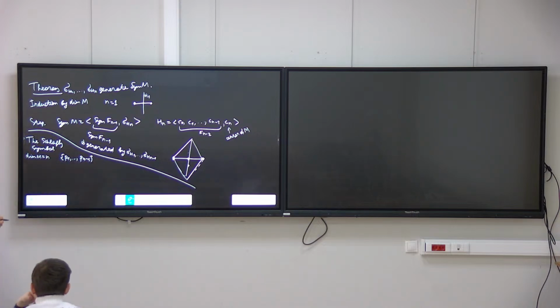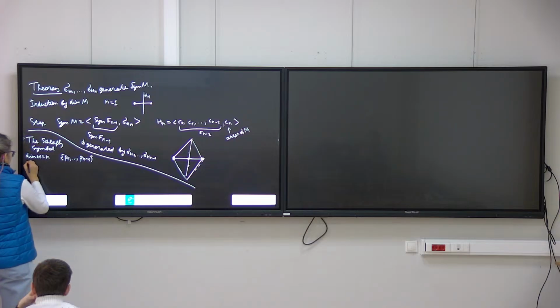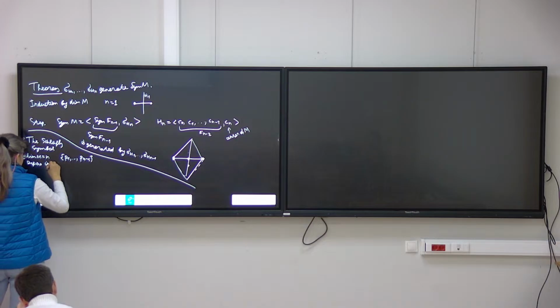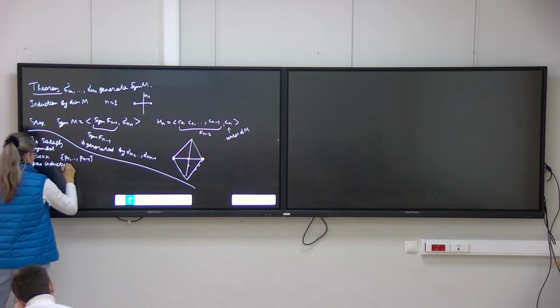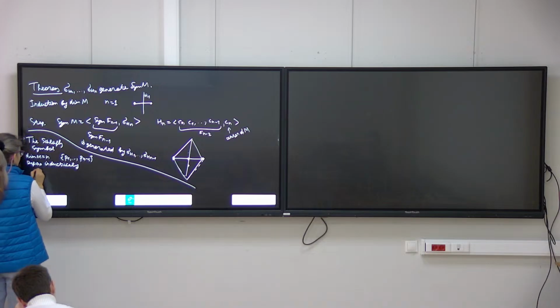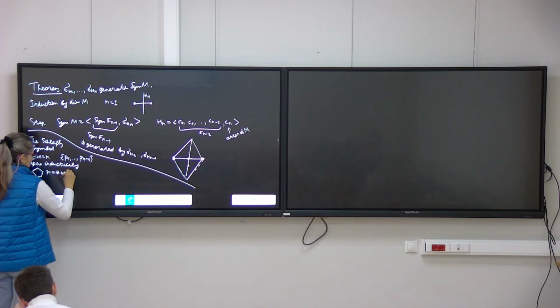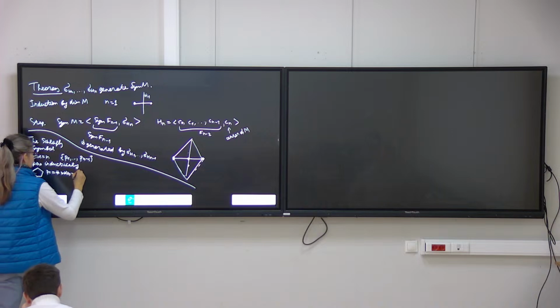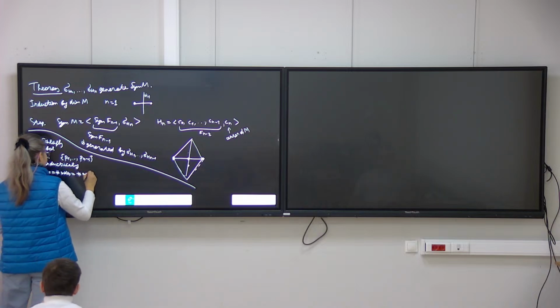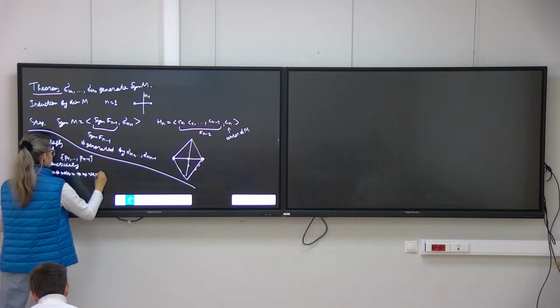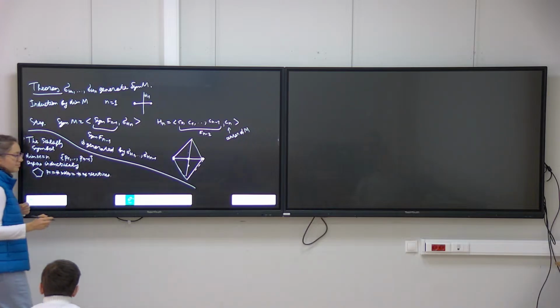So let us define it inductively. For a regular polygon on the plane, p1, the only value, is the number of sides, which is the number of vertices. Okay?